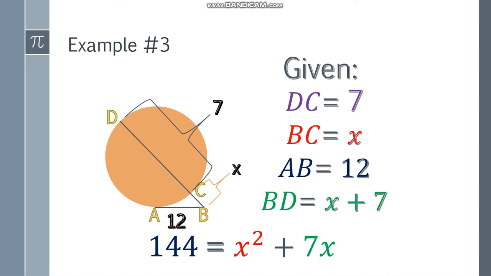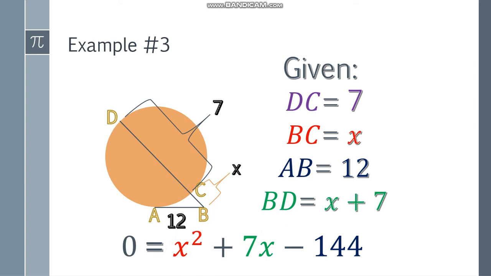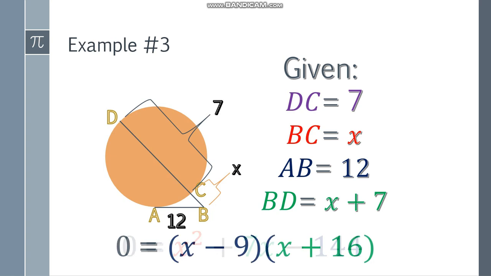Now, as you can see, it will be a trinomial. So I just subtract 144 from both sides. That is why there's a 0 on the left side of the equation. So we have X squared plus 7X minus 144. We're going to factor that one, and the answer will be the quantity X minus 9 and the quantity X plus 16.